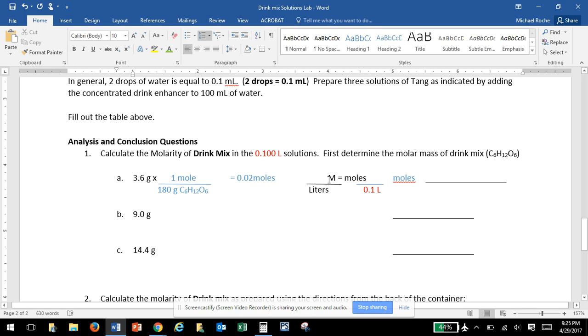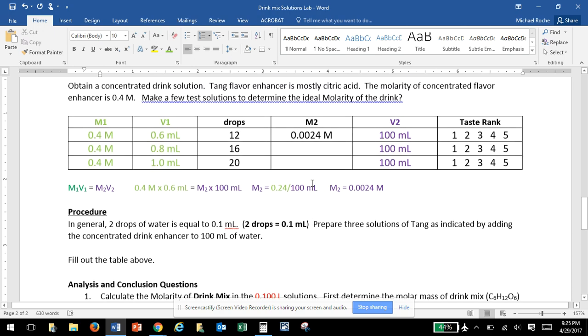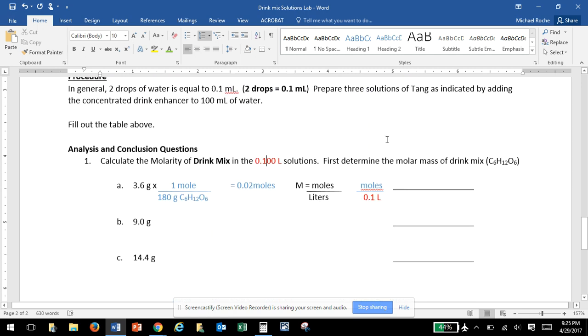Now we want the molarity, though, which is moles over liters. So this number now is our moles. And for the liters, we're going to use, remember, again, every drink cup had a 0.1 liter or 100 milliliter mark. Now, in this case, we're going to have to use 0.1 liters instead of up here where we were allowed to use milliliters. Milliliters were going to cancel because on both sides they were there.